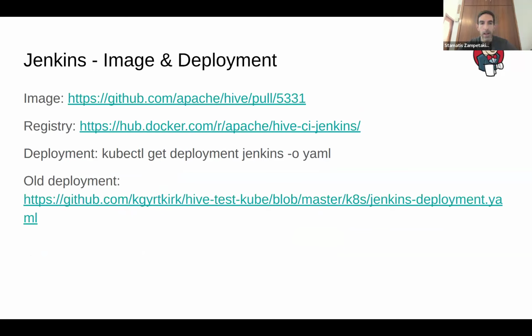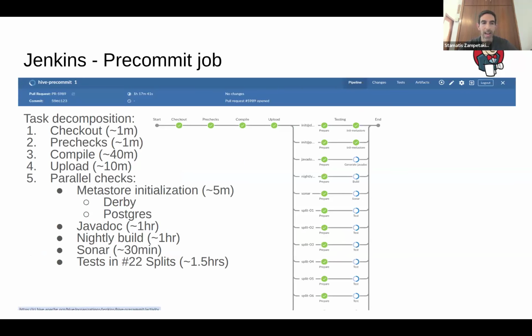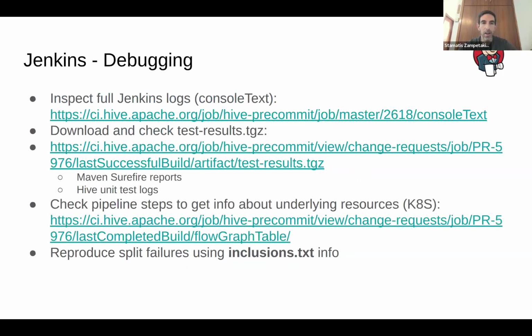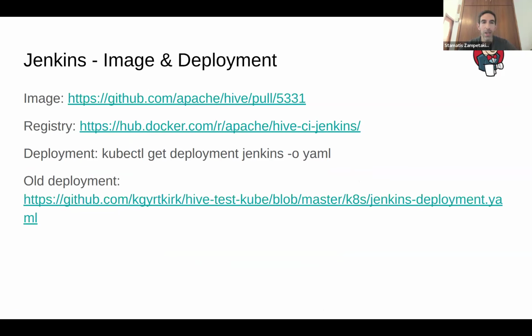So now a few things about changing the tasks and the checks that are running in the pre-commit jobs. Everything can be done with a Jenkinsfile. So normally we don't need to touch anything more than that. If we happen to want to install new Jenkins plugins, or make some changes in Jenkins itself, then we have to touch the image.